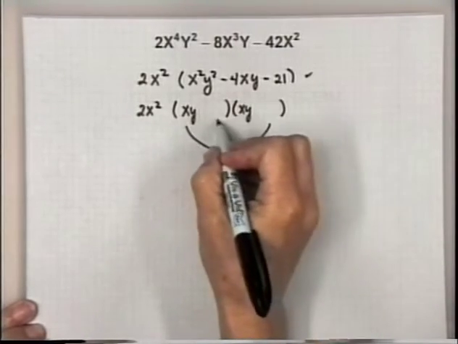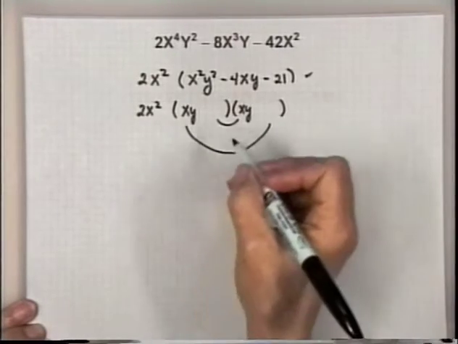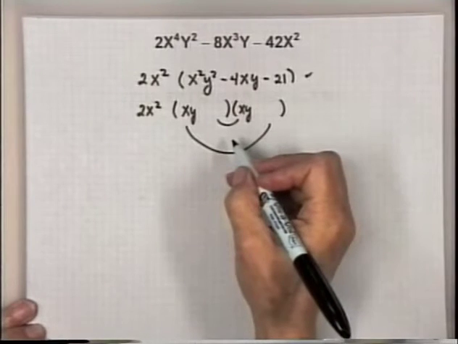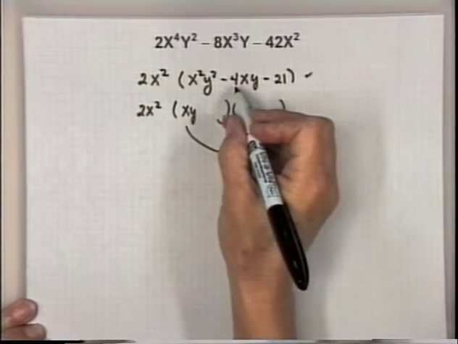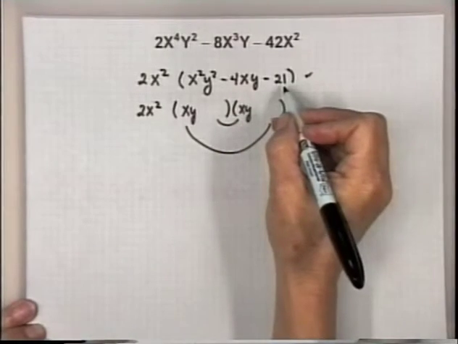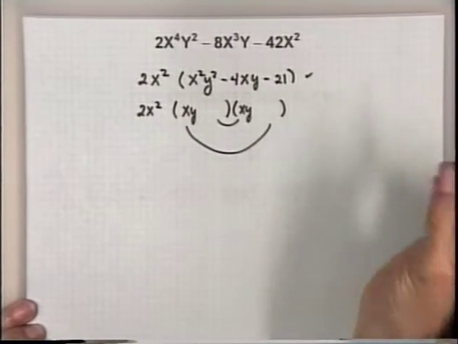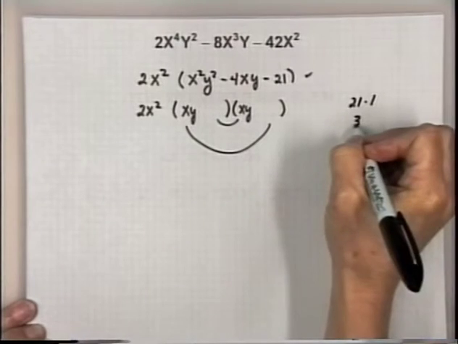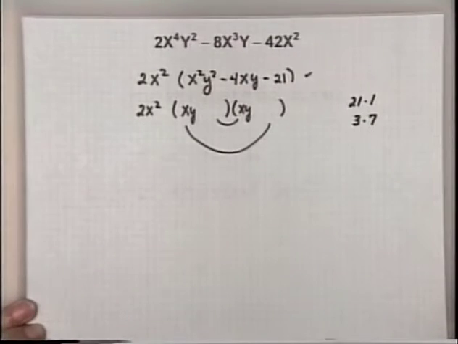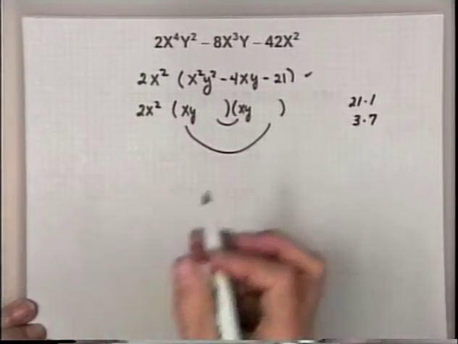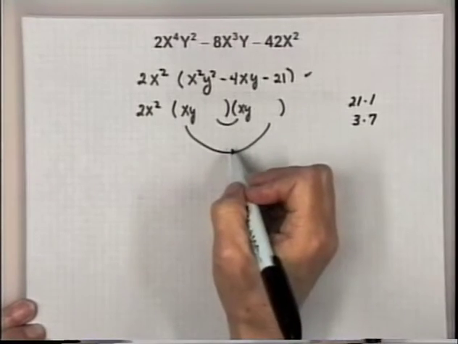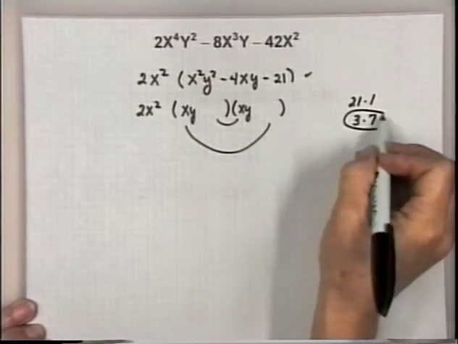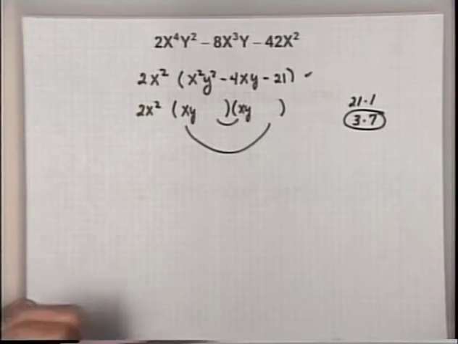So as we do the outside and inside product here, with opposite signs, we'll be finding a difference of 4. We need to use factors of 21 in these positions. 21 times 1 and 3 times 7 would be our choices. Since we will be finding a difference of 4, I think we will probably use the 3 and the 7.